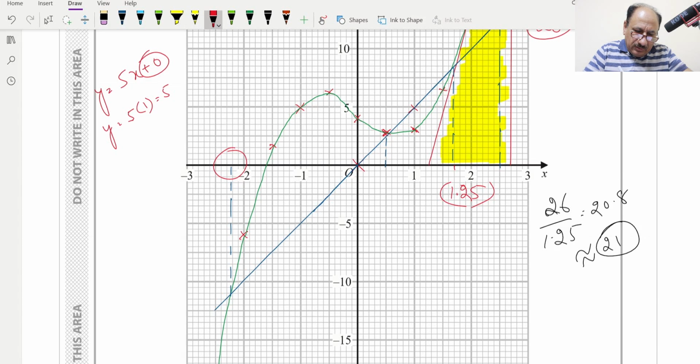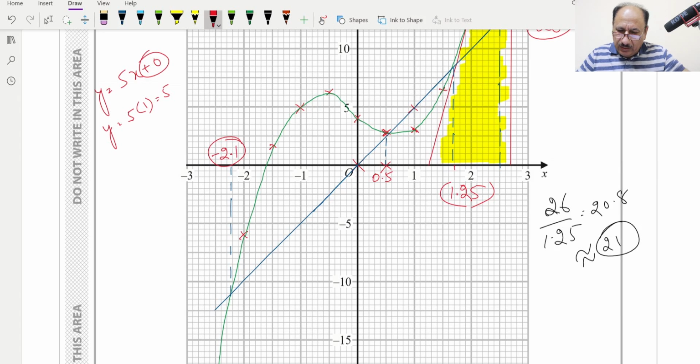So we can write it as minus 2.1. And the second reference is this one, which is 0.5.